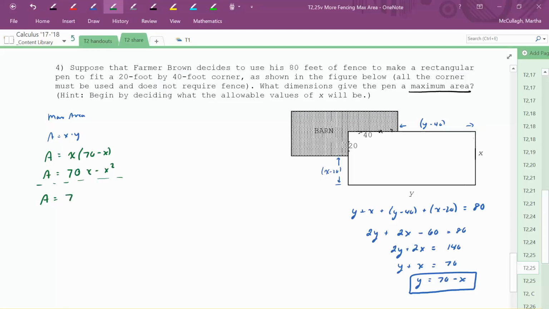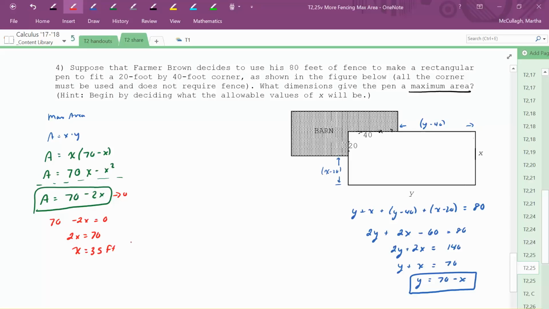A prime equals 70 minus 2x. Because we want a maximum or a minimum, we're going to set that equal to 0. 70 minus 2x equals 0. 2x equals 70. x equals 35 feet.